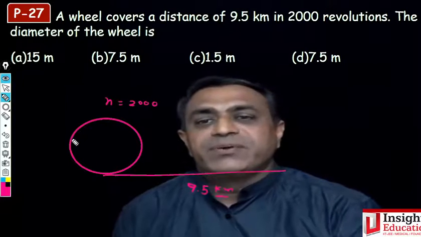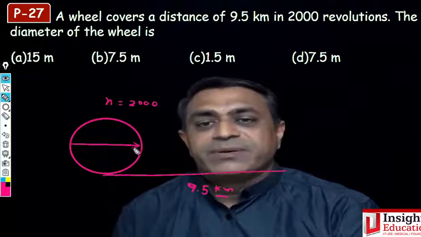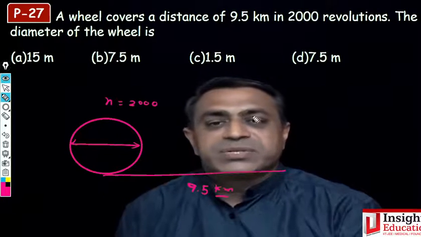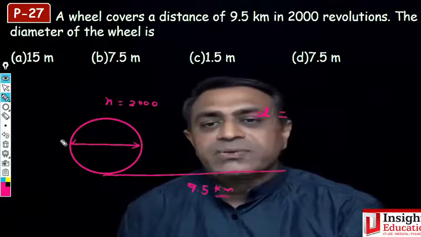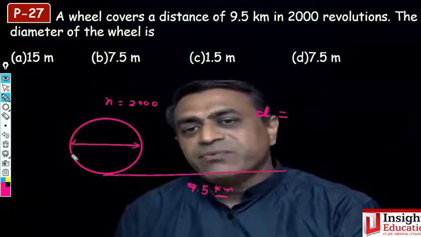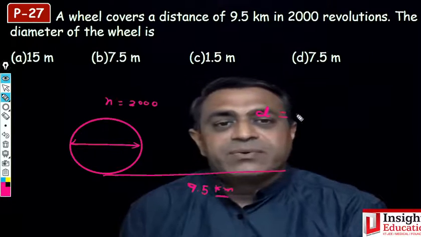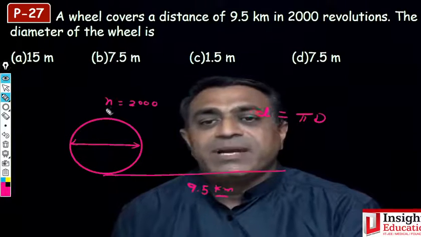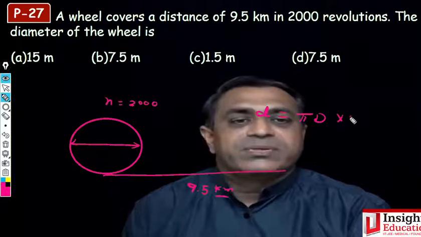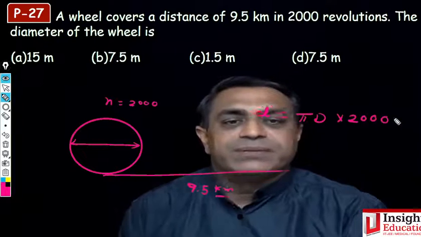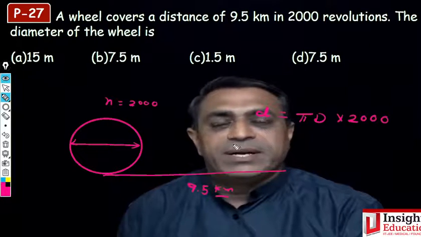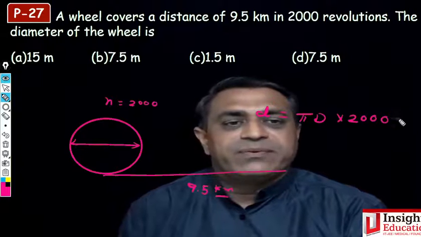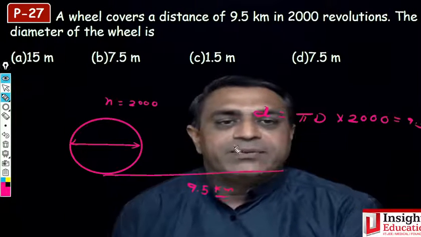Find out the diameter of the wheel. So total distance covered d is equal to the distance covered in one revolution, that is pi d, multiplied by the number of revolutions, that is 2000. Okay, and that is equal to 9.5.